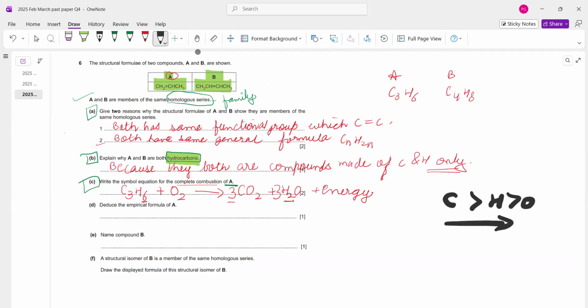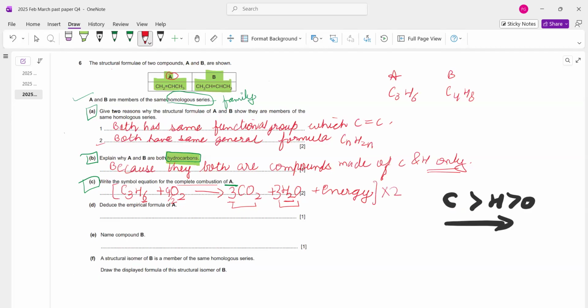So now let's focus on oxygen. I have 3 times 2, that's 6, and 3, so 9 oxygens on the right side and 2 on the left side. So I'll multiply this by 9 by 2. Yes, we can take a fraction, and this will be 9 by 2, which will give us 9 oxygen atoms. But to make it look more fine, we'll multiply this whole equation by 2.